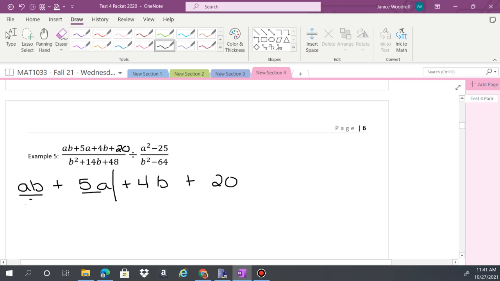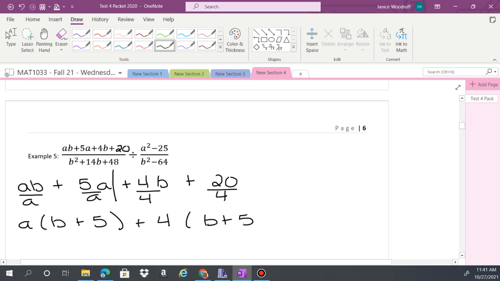A, good. Which will leave me with b plus 5. And what can I take out of the right? Good. So it'll leave me with plus 4 and b plus 5. So my factors are going to be a plus 4, b plus 5.